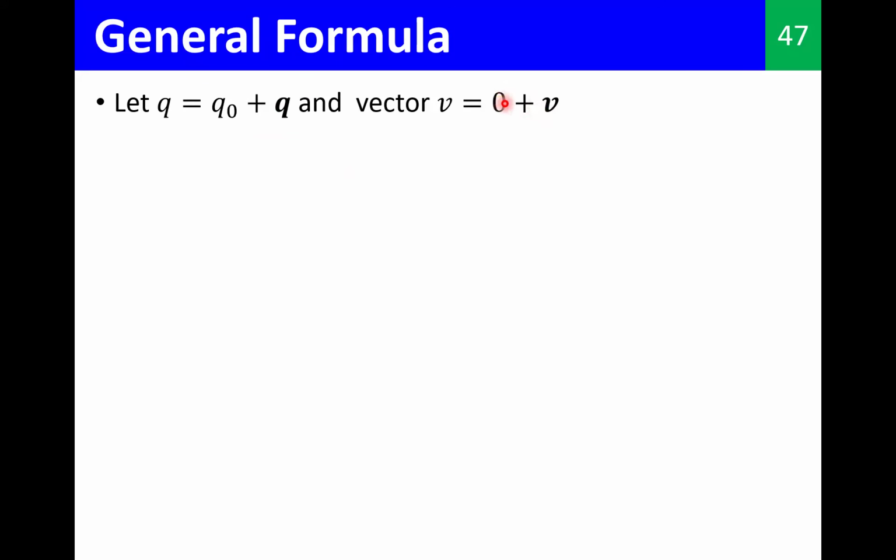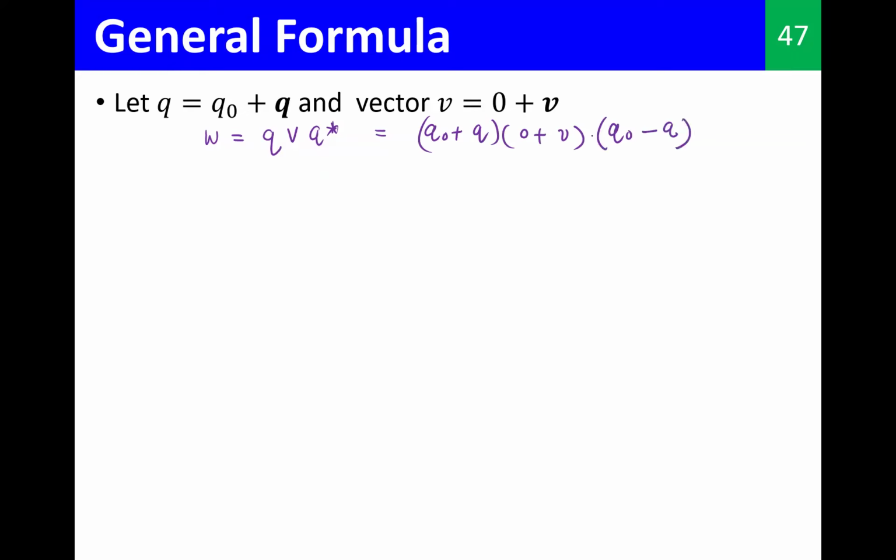Therefore, I make it a pure quaternion. So the general formula for rotation is, so the answer is Q V Q conjugate, right? So I need to find the answer for W, and this is basically Q naught, Q times 0 plus V and Q naught minus Q.